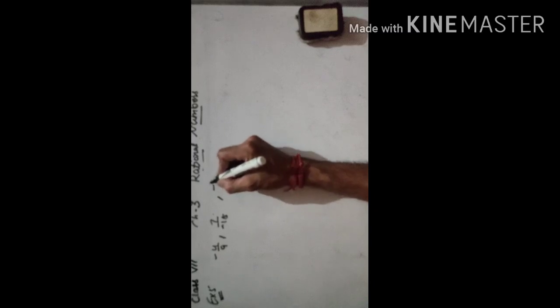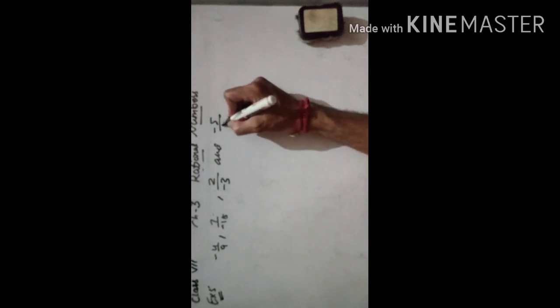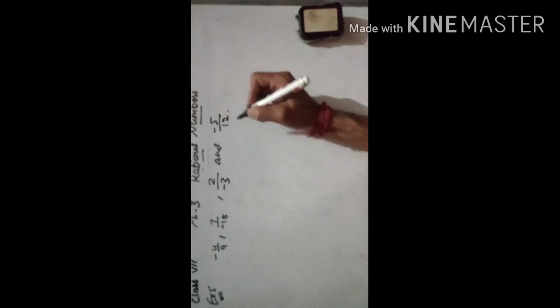Example number 5 is arrange the following rational numbers: -4 by 9, 7 by -18, 2 by -3 and -5 by 12.